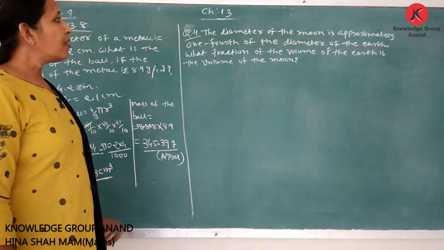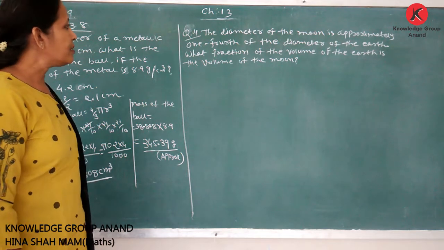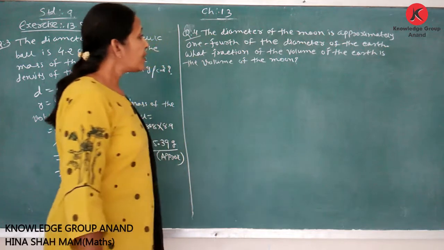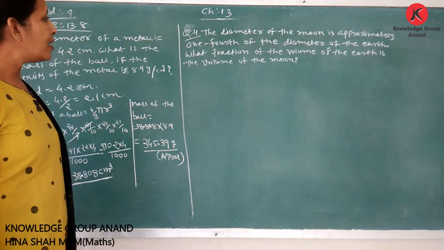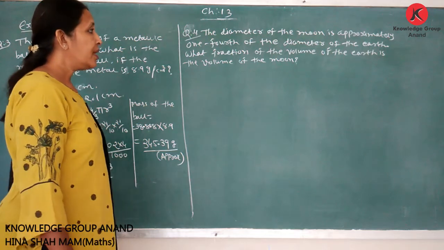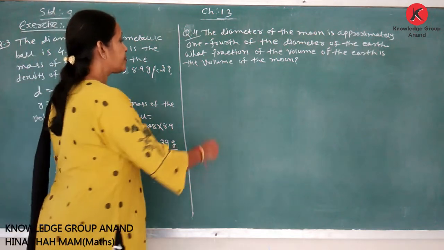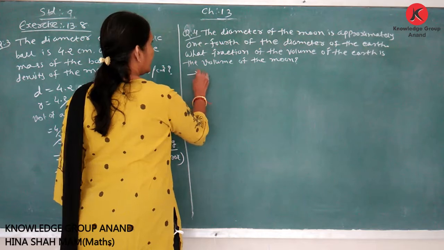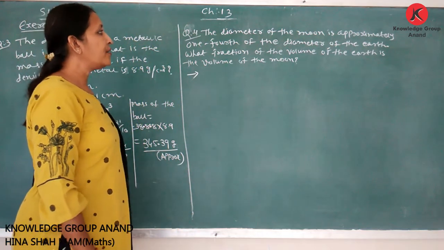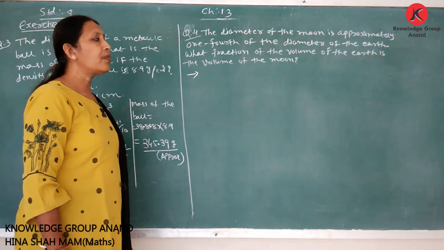The diameter of moon is approximately 1/4 of the diameter of the earth. What fraction of the volume of the earth is the volume of the moon? Here the diameter of moon is approximately 1/4 of diameter of earth.